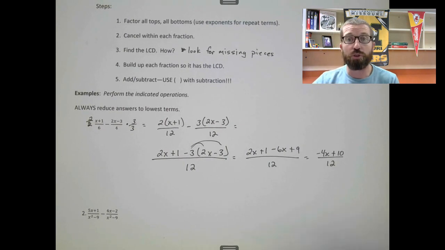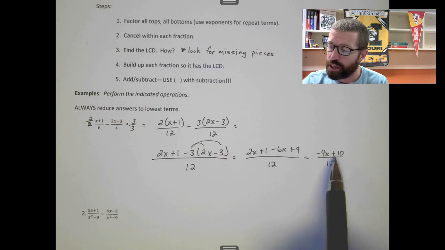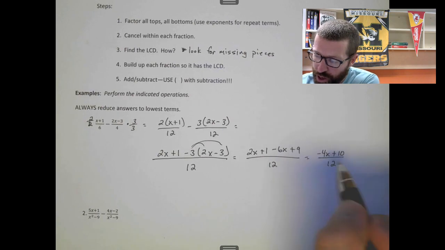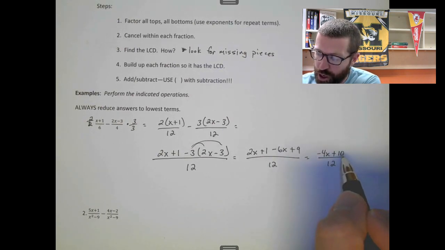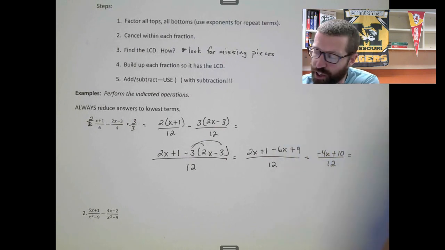Okay, and then we want to reduce if it's possible. So this factors, you could pull out a 2, or you can also take the shortcut of dividing everything by 2. So if you have these 3 terms, you can divide everything by 2, and that would give you negative 2x plus 5, and then divide 12 by 2 to get 6.